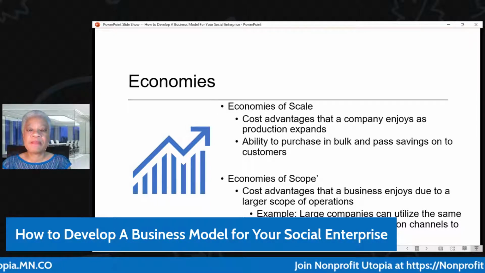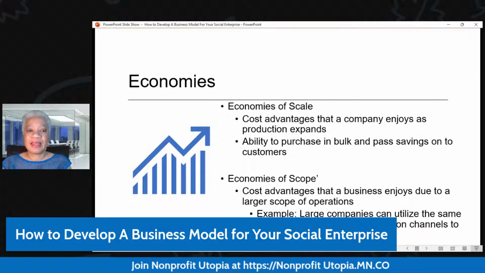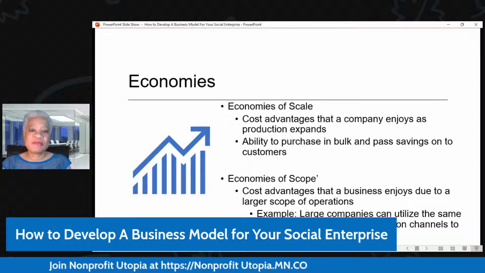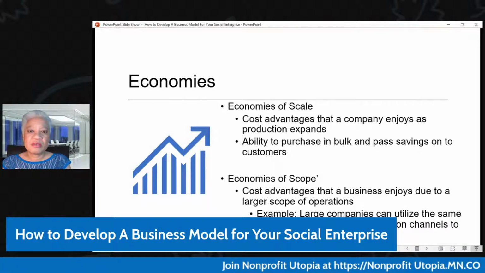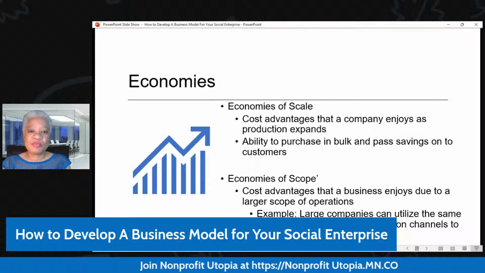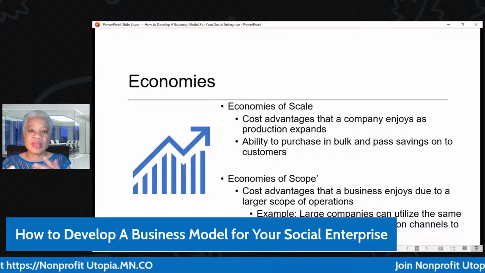So for example, if you are, I guess, a cattle rancher, for lack of a better term, you raise cattle. Those cattle can be used to produce milk for dairy products. Those cattle can be used to produce meat. Those cattle can be used to produce leather. Those cattle can be used to produce gelatin.